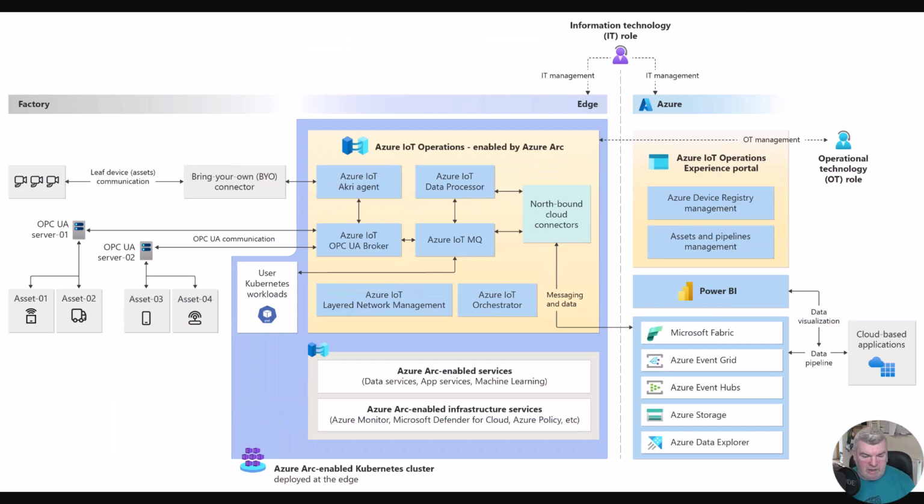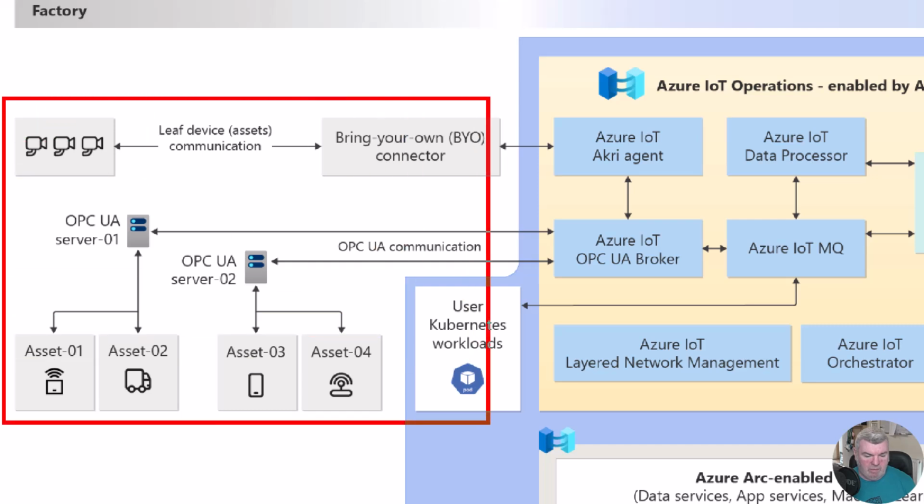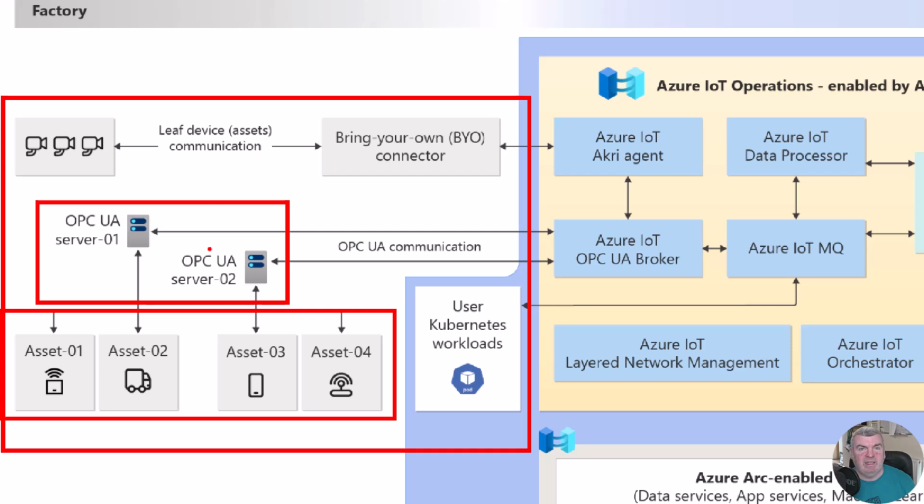Likewise, on the left-hand side of the diagram, we've got the asset side of the equation where we have a couple of OPC UA servers which are connected to our OPC UA assets.